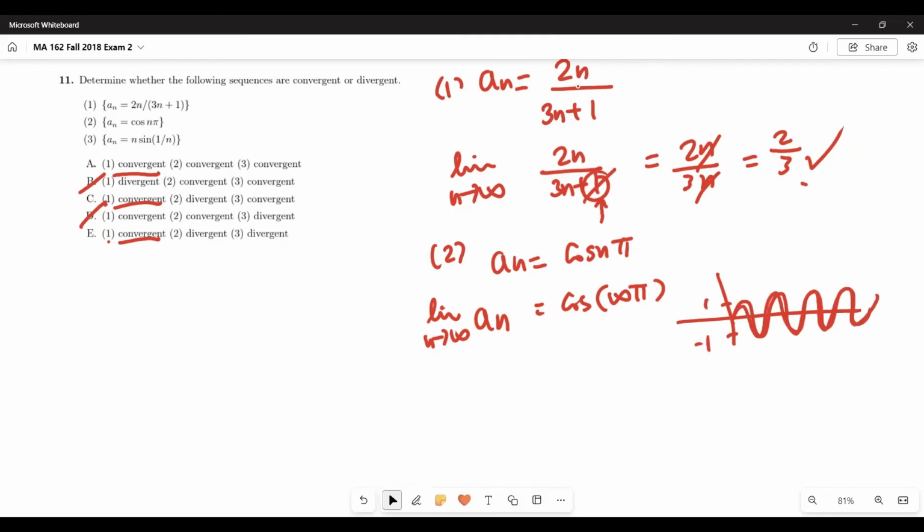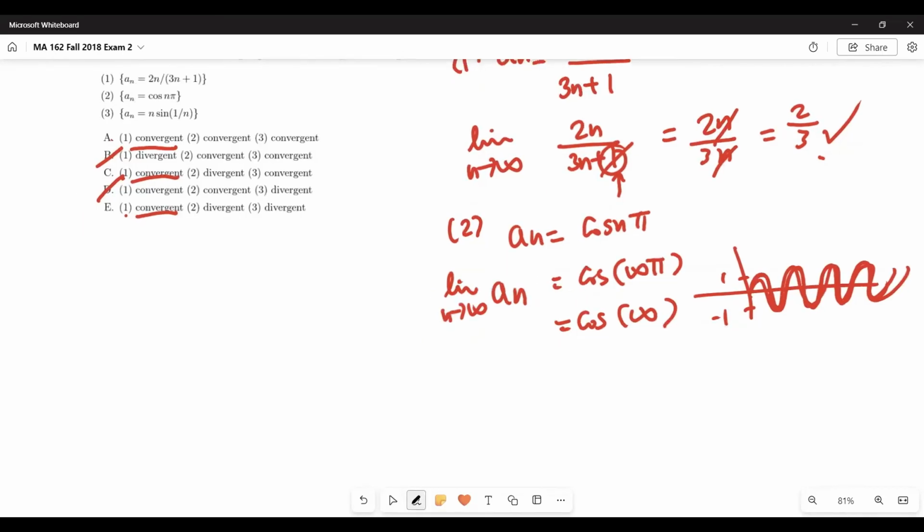So it doesn't converge to any value. So option number 2 is not convergent. This is just going to be cosine infinity, which looks like this. So it's not converging to any value. So it's going to be divergent. So I guess this is just going to be E or C.